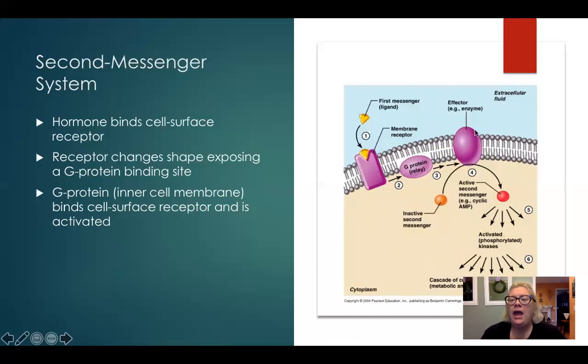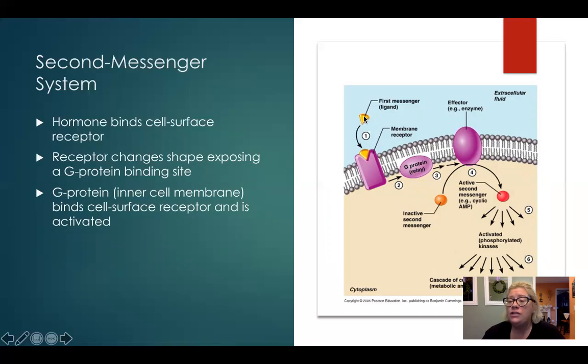So here we have the setup of what is referred to as a secondary or second messenger system, all right? Second messenger system because that first message is on the outside, the second messenger is on the inside. All right, so we have our phospholipid bilayer, the outside of our cell, the inside of our cell. We have our major players that we're going to talk about.